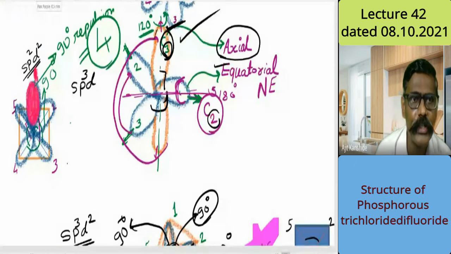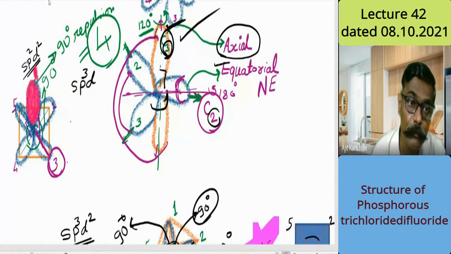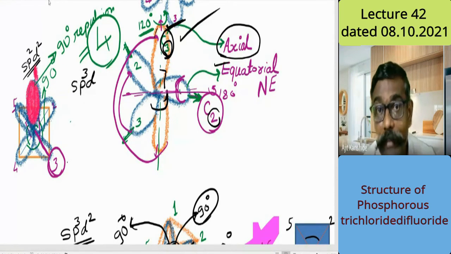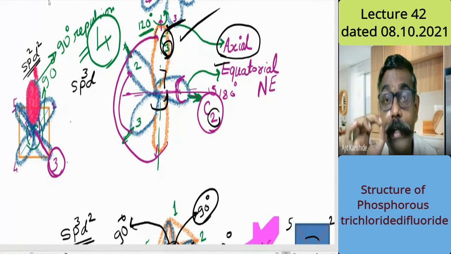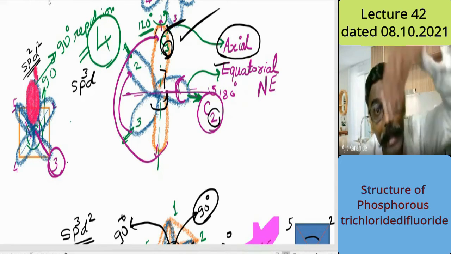Now ask the question. Take any position, say position number 3. This position number 3, or this bond, or one of the blades of the fan, makes how many 90 degree repulsions? How many 90 degree angles? Let it be with the other bond, let it be with the hanging rod.